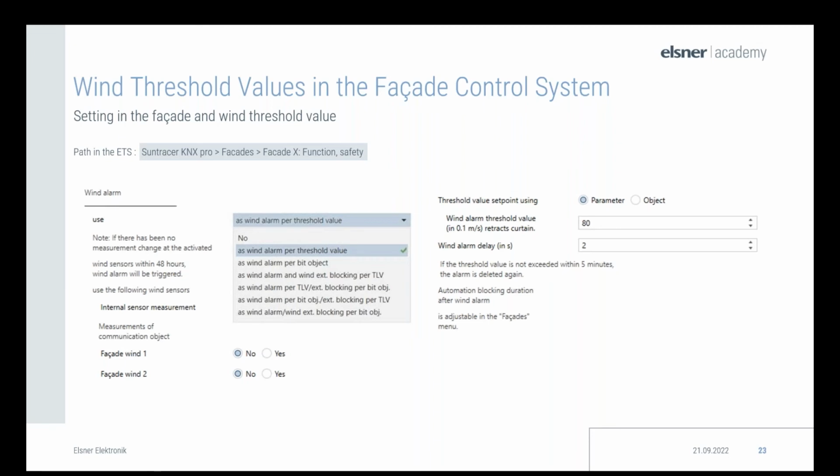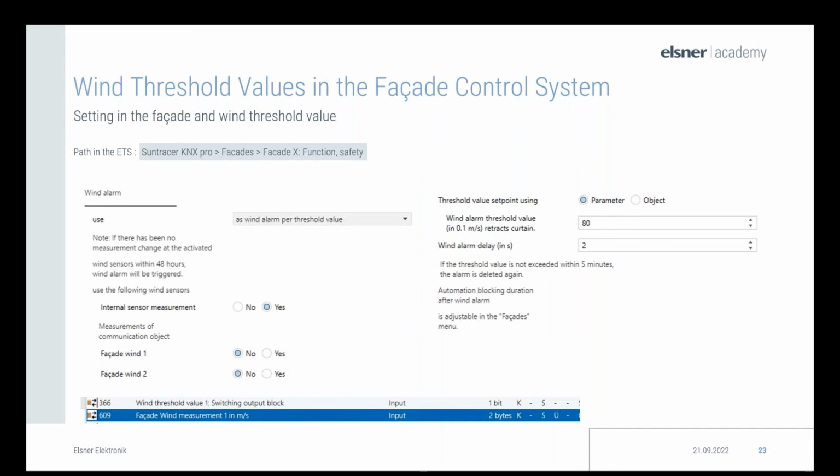If the individual wind sensors on the building, for example for the facades, can be integrated via a communication object, the setting measured value from internal sensors would be set to no. For this, the measured value of facade 1 wind is activated. The following object would then receive the measured wind value from the external individual sensor of the facade.